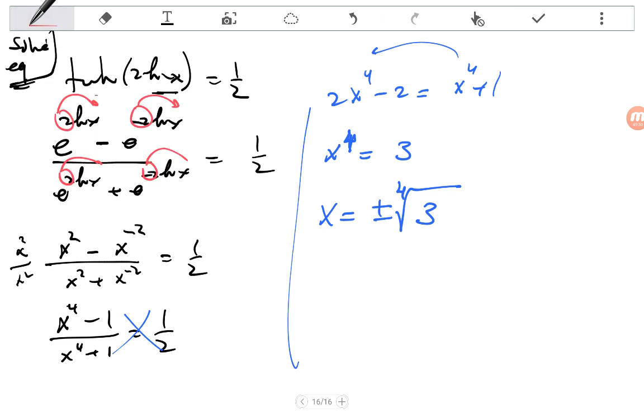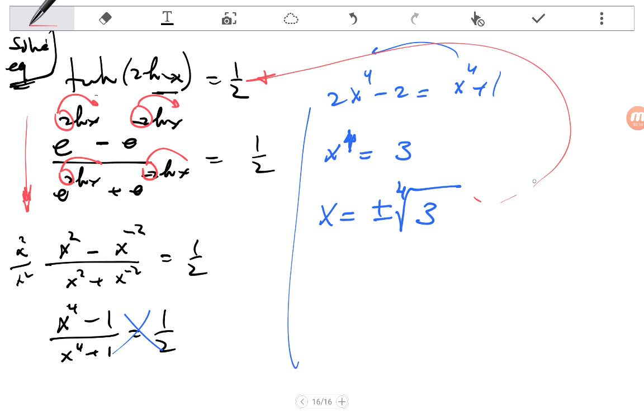But remember, whenever I solve an equation, I must check the solutions. Do they satisfy the main equation or not? Why? Because when I make cancellations in my steps, I may modify the domain.